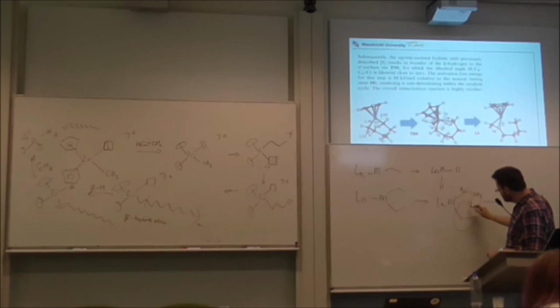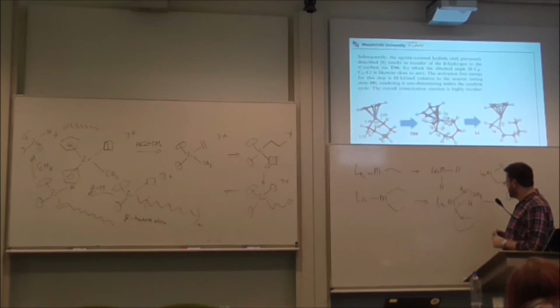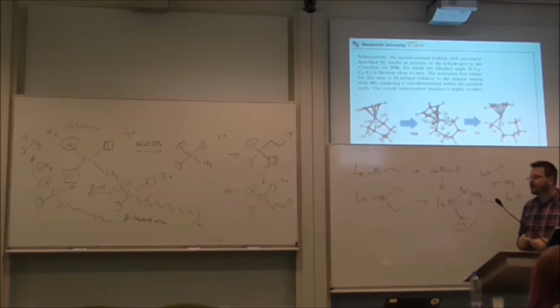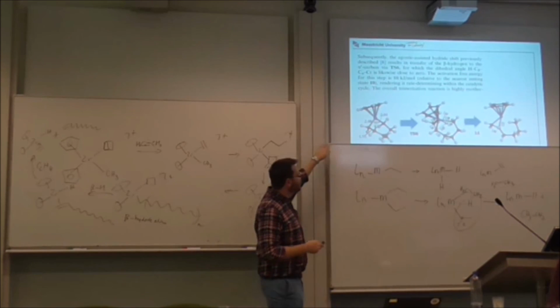And then this thing swings to the other side, and we end up with LnM plus CH3CH3. So you see, that H, because this is a CH2, swings across there, and then this bond breaks. And in this case, you would eliminate ethylene. You see that?